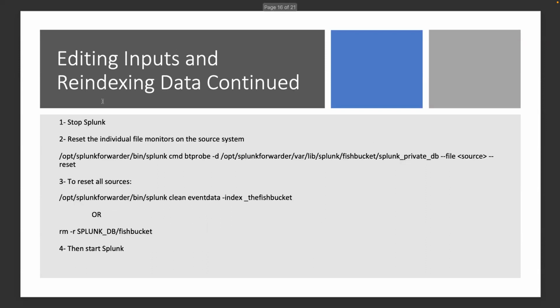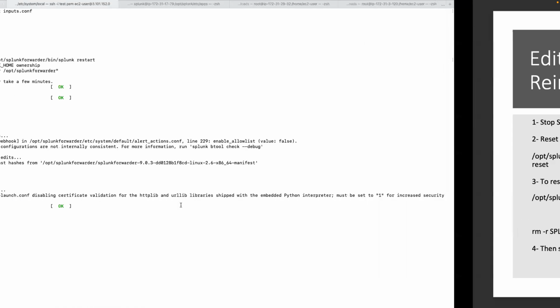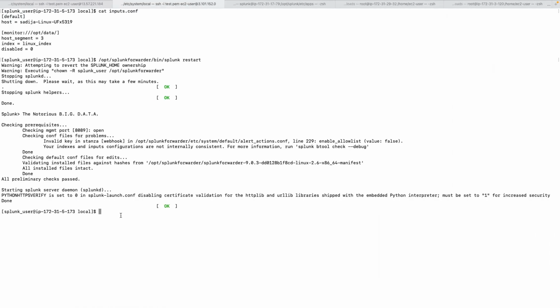The steps to edit the fish bucket are: stop Splunk, reset the individual monitors, or reset the fish bucket itself. In our case, since we know this is the only data we have, we can reset the fish bucket itself. So where is the fish bucket?